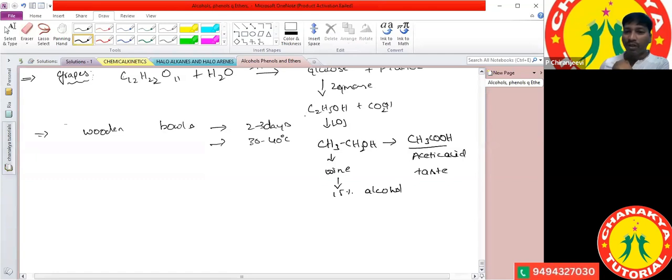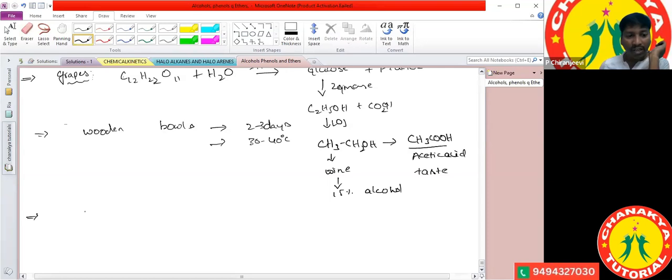In this method, the alcohol we get from grapes or molasses is only 14%. We can convert it into 95% by the distillation process.